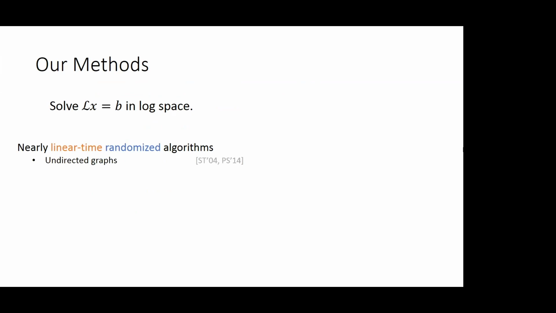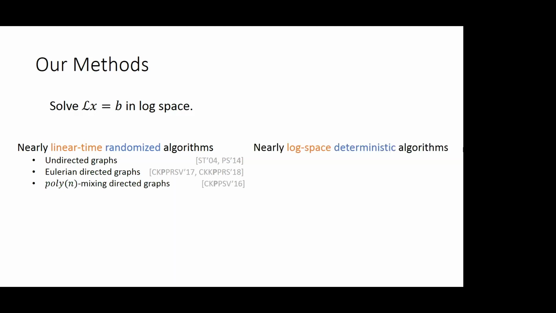There's prior work that does it in undirected graphs. So we do it for Eulerian directed graphs, and then give a reduction to the Eulerian case. And then in the nearly log space deterministic setting, it's known how to solve Lx equals b in undirected graphs. That was a work of Murtagh, Reingold, Sidford, and Vadhan.